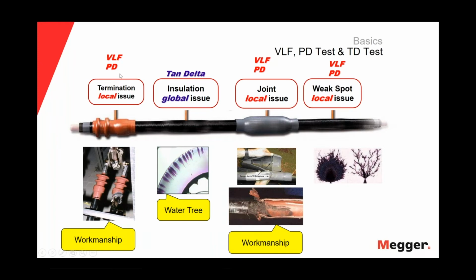But if the local issue we are looking for is a small one, we will not convert it into a fault with the VLF, and then maybe we should use partial discharge. If we are dealing with global issues, okay, for instance, in the XLPE insulation water trees, then we will use the tan delta test. Okay, that is what we will discuss in detail in the next slides.